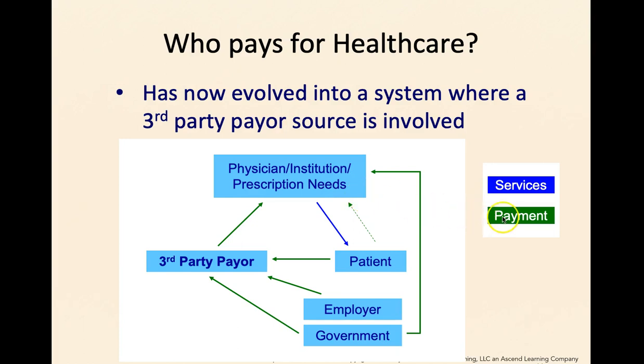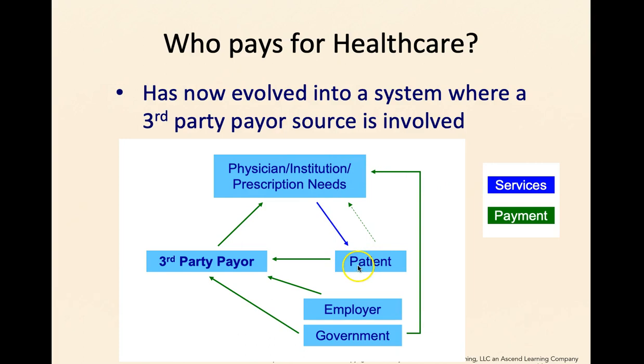If you look at the green arrows, those are the payments, and the blue arrow is for services. So this is us, first party, and then this is the provider of care, either a physician, an institution, a clinic, or a hospital that provides the care. So that's the blue arrow.